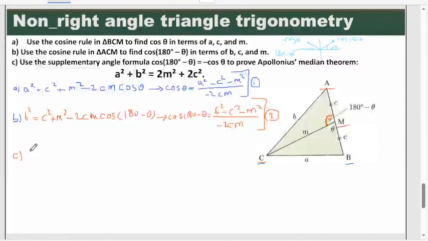Here I try to substitute to use this formula.